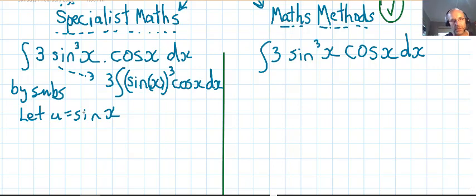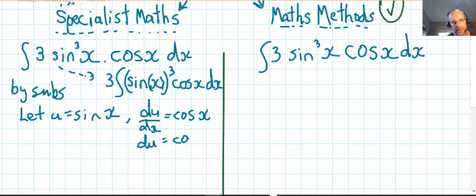If we make a substitution and we also find the derivative of this substitution, which we'll call du dx, if u equals sine x, the derivative of that with regards to x is cos x, and we could rearrange that as du equals cos x dx.